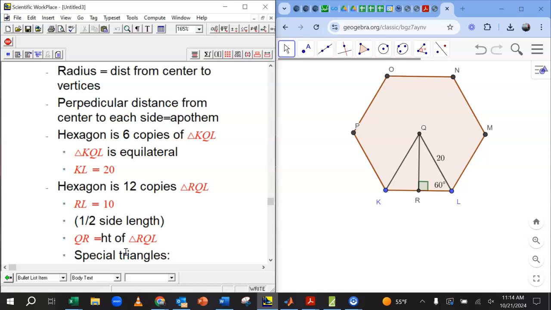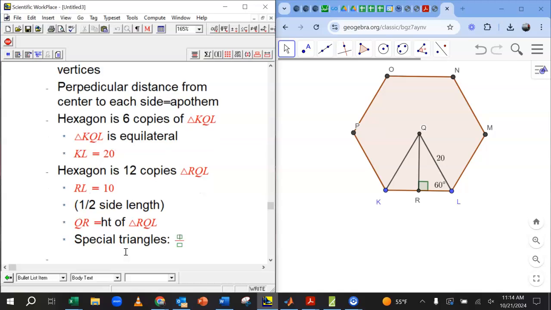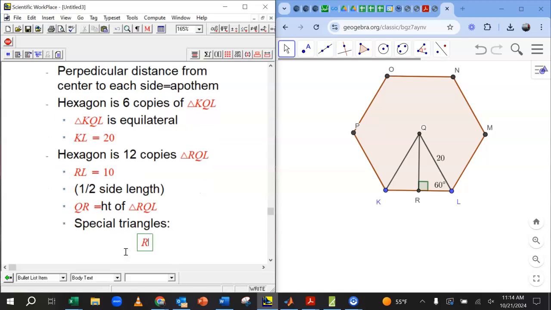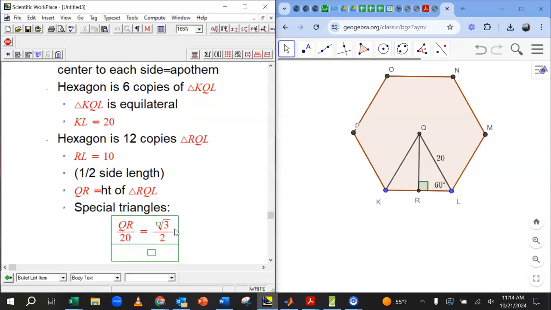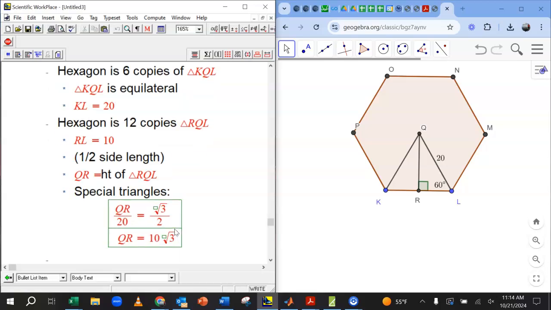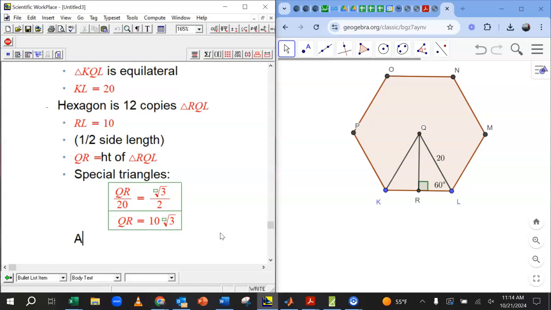And that's where we bring in the trig, but it's really special triangle trig here. And we know that QR over 20, it's the long leg over the hypotenuse, and that is root 3 over 2. Good to have that memorized. So QR is going to be 10 root 3 when I bring it over, and the 2's cancel. And now I'm almost ready.